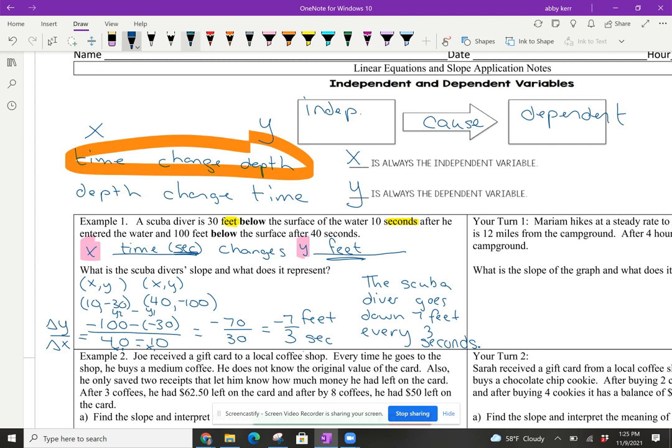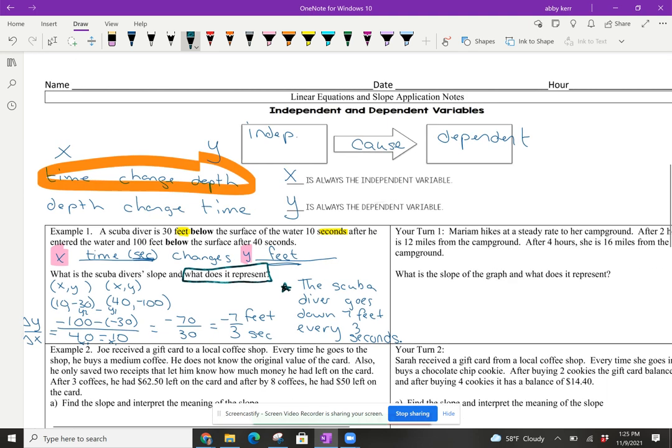So the reason why we have to write a sentence for this is because it says, what does it represent? So you really can't have negative feet, but going down in the ocean or whatever water this scuba diver's in is really negative.